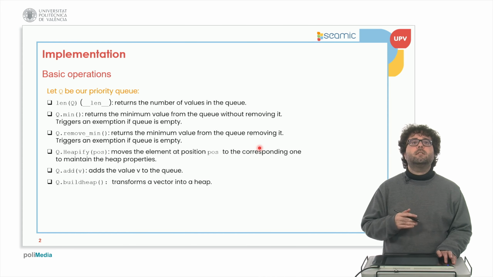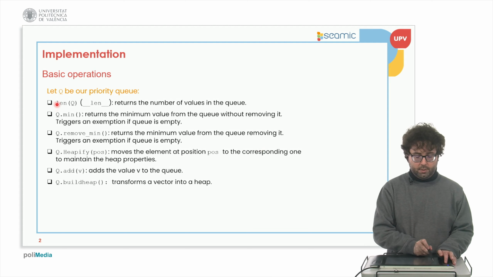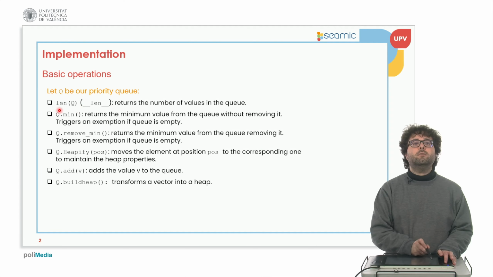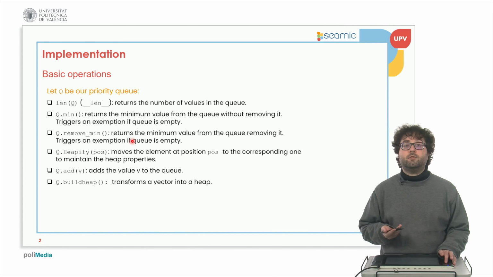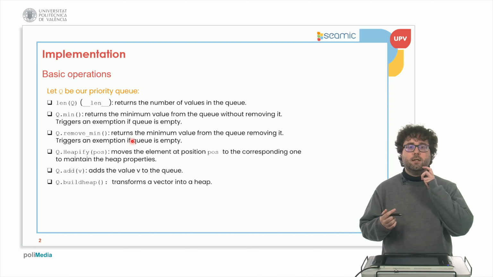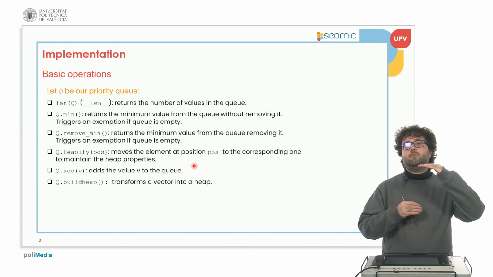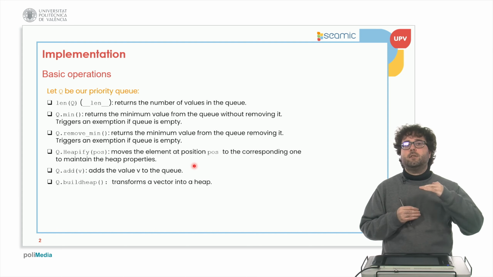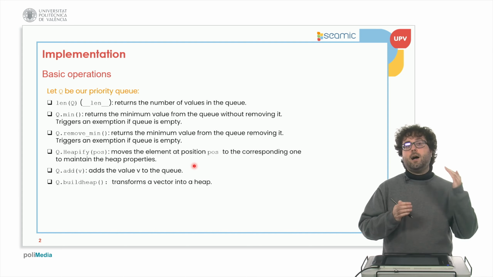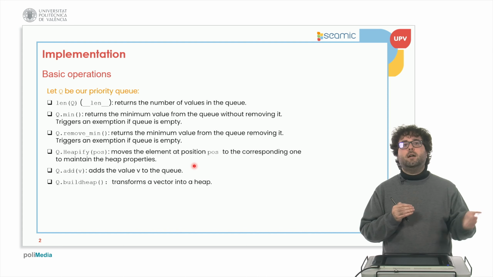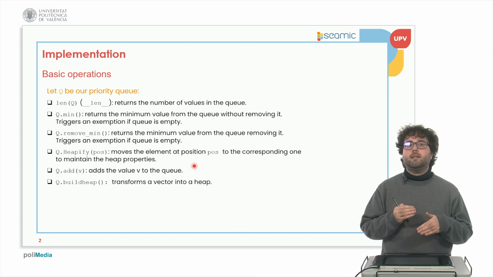If we recall, these are the basic operations we have already defined: computing the length of the queue, its minimum value, removing that minimum value, also of course taking into account that we trigger an exception when the queue is empty, heapifying from a position, that is swapping from that position down to preserve the heap property, adding values to the queue, and building a heap from a list.